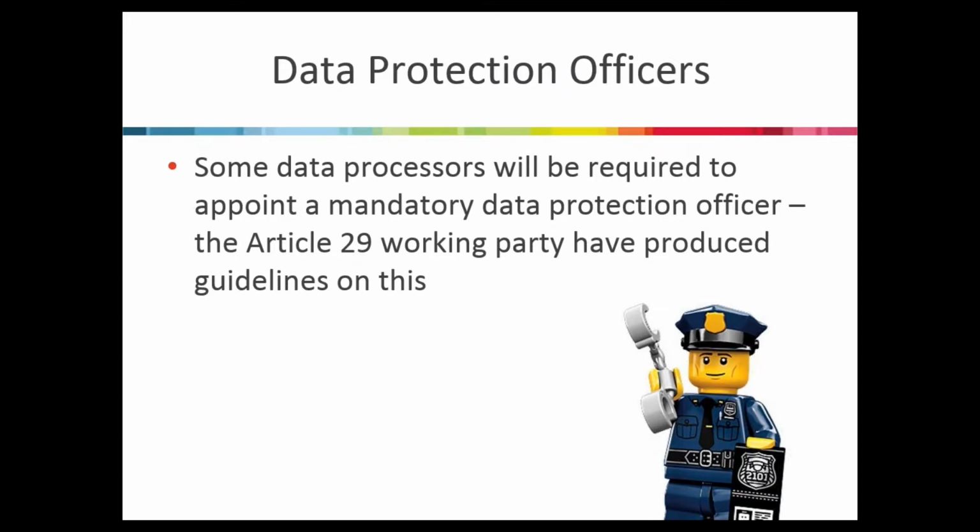Under the GDPR, you're required to appoint a data protection officer if you are a public authority, if your core activities require regular and systematic monitoring of data subjects on a large scale, or if your core activities involve large-scale processing of sensitive personal data, soon to be called special categories, and data relating to criminal convictions. If you have to appoint a data protection officer, then there are certain requirements that need to be in place. For example, they must have the sufficient expertise and they must be independent.